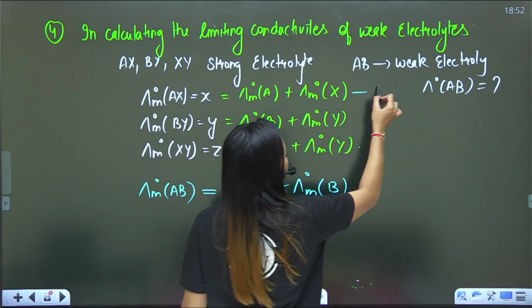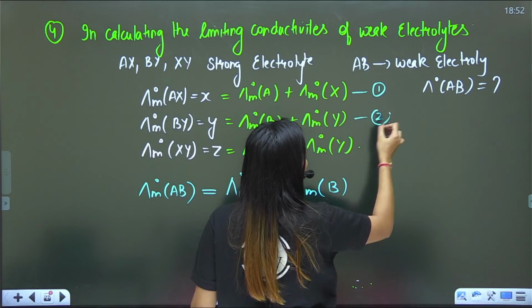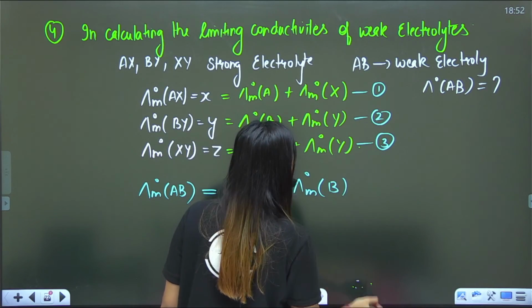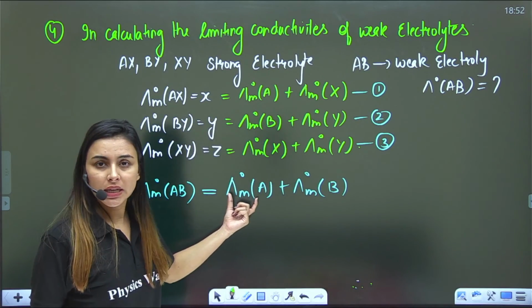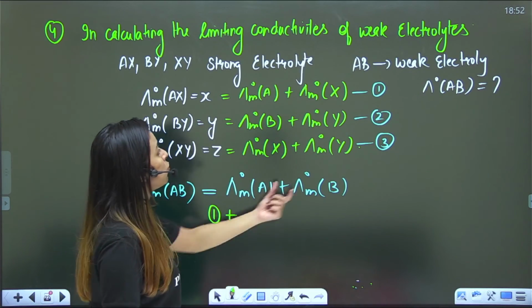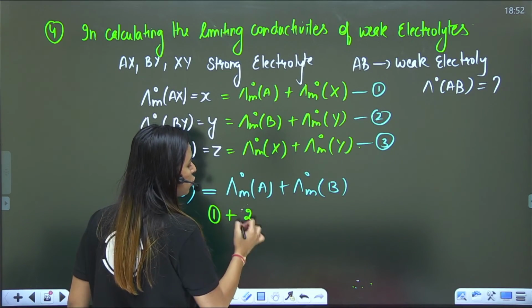How? Let's say this is 1, this is 2, and this is 3. So now, my dear students, let's check. You want the A part, so you want the first equation, so let's add the first equation. You want B, so let's add the 2 part.